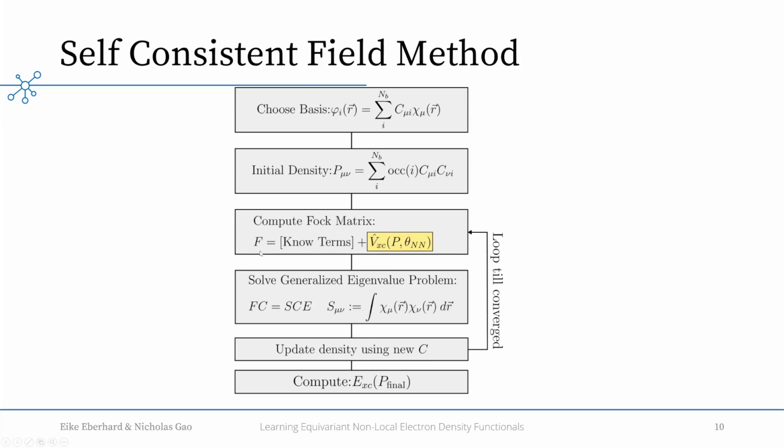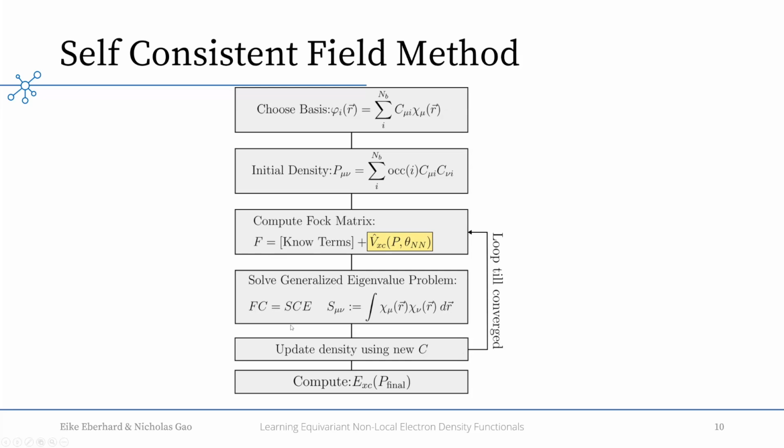So you first compute F and then plug F into here and solve for C as if F was a constant. Then you get a new coefficient matrix C, which you plug in, do it again and again, and then hopefully converge to a solution where F stops changing. Meaning at this point it's consistent: the coefficients that you assumed in your calculation of F are consistent with the solution of this then linear equation.